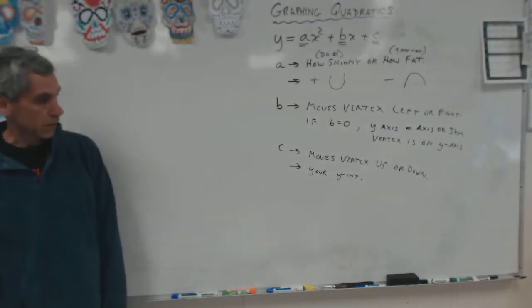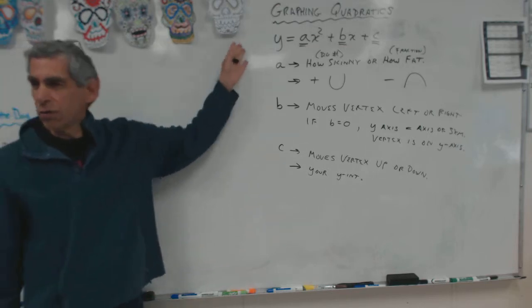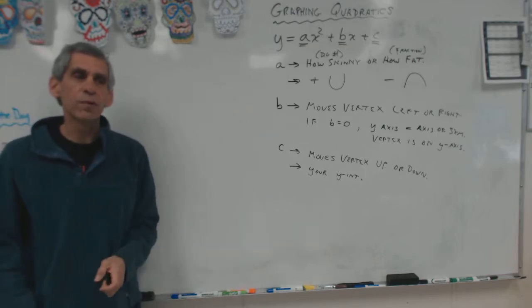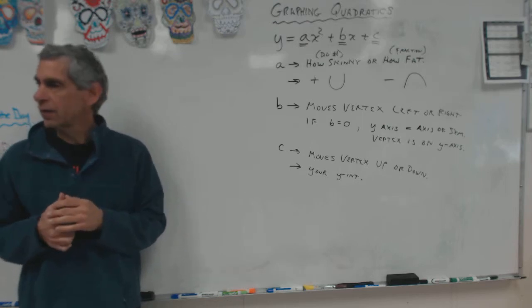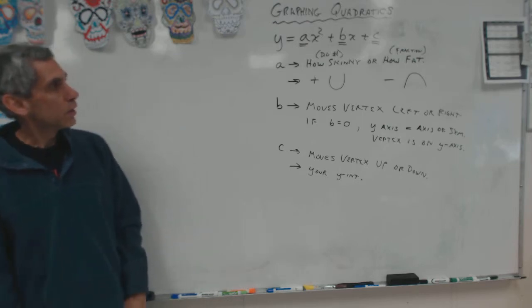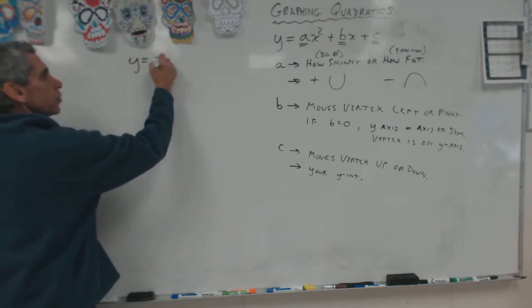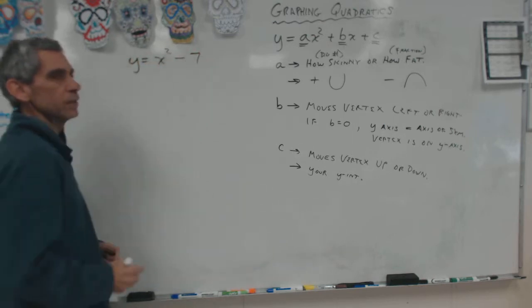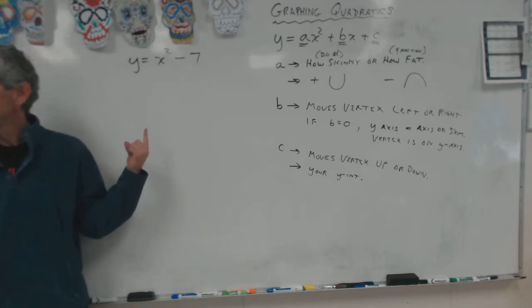Not yet? Sorry. It's your y-intercept. So if you know this, it will help you immensely. It will take all the guesswork out of it. You immediately know, if I have y equals x squared minus 7, what's the b?